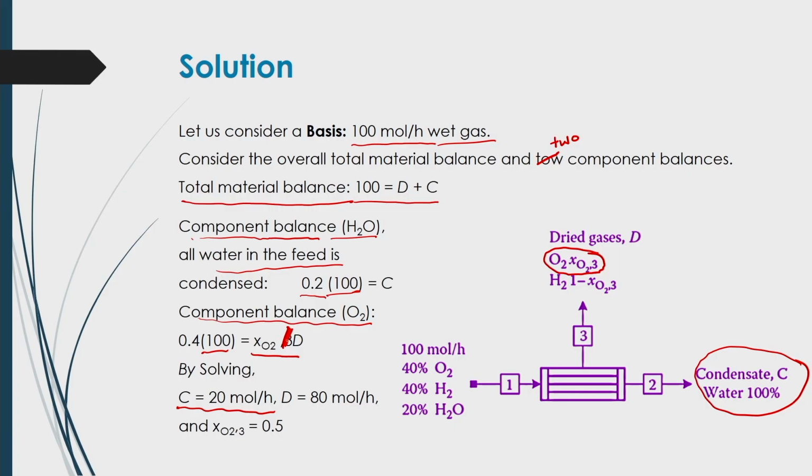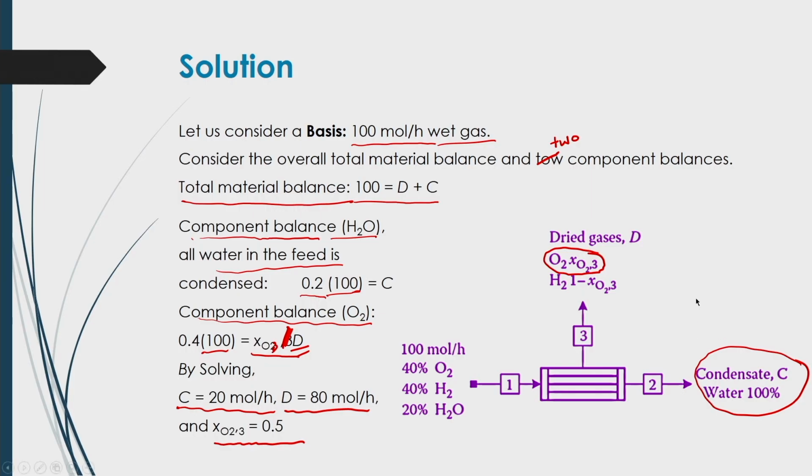So, it will be X O2 in stream 3 into D. By solving we can say that D will be equal to 80 mole per hour, and X O2 in stream 3 will be 0.5.